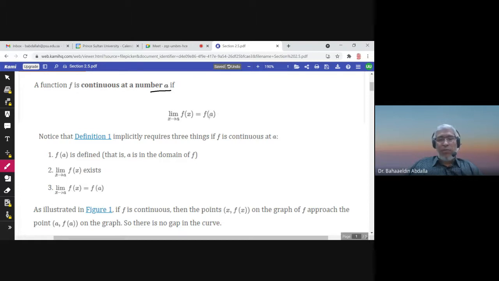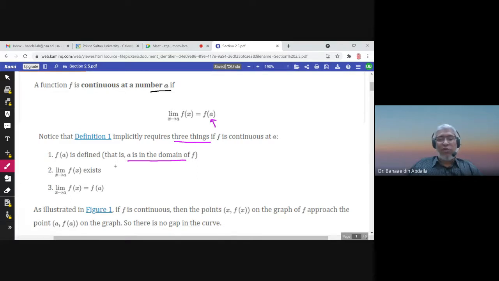Now, this definition implies three things to happen. So f is continuous if f of a is defined. So f of a must be in the domain of f. If a is not in the domain of f, then we will not be able to find f of a, and then f is not continuous at a.